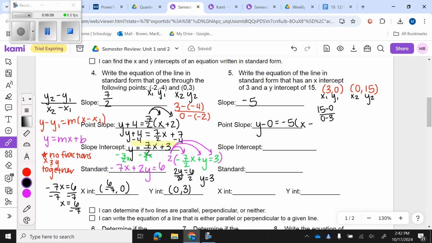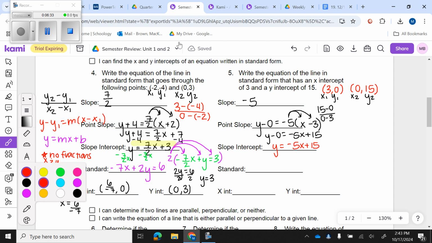If it's a positive 3 here, it becomes negative when I put it into the equation. To undo these parentheses, I'm going to have to distribute this negative 5. So I'm going to have y minus 0 equals negative 5x plus 15. And then to get this y by itself, you would just add 0. But I know if I add 0, it's just going to stay y equals negative 5x plus 15.